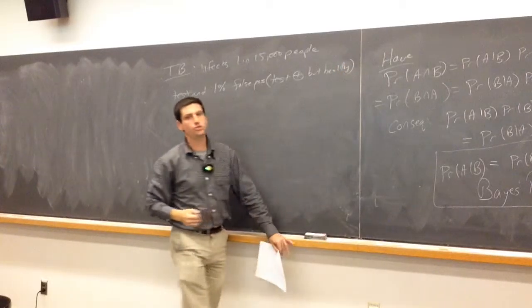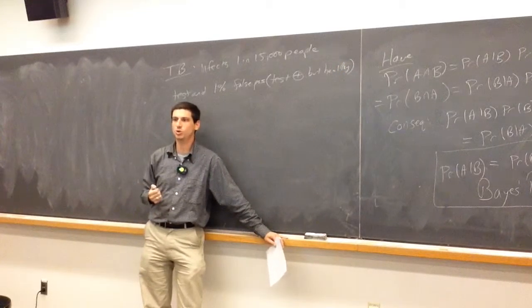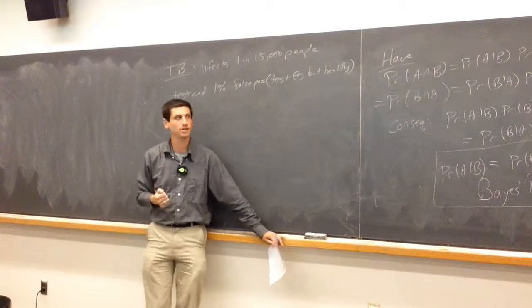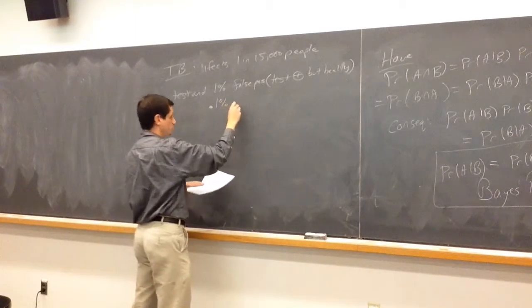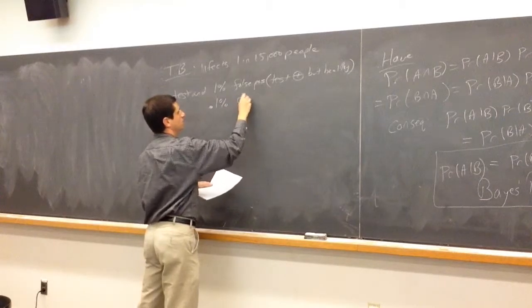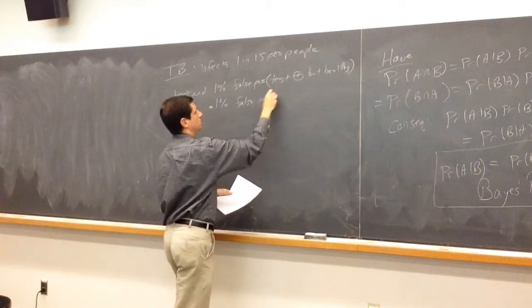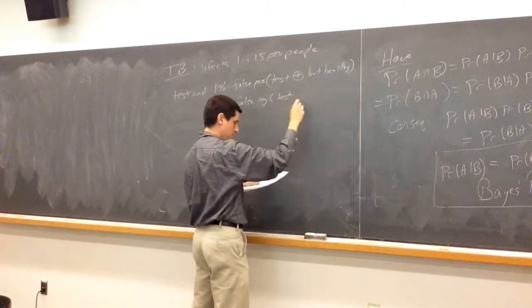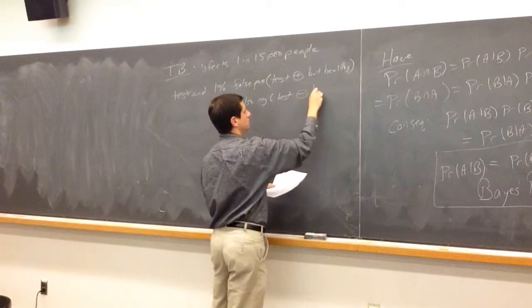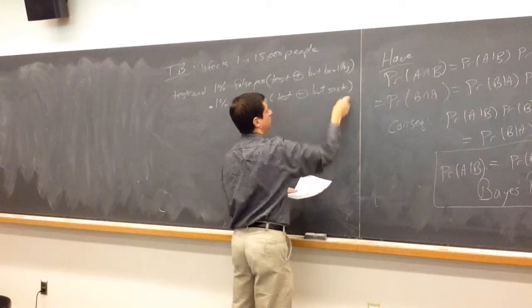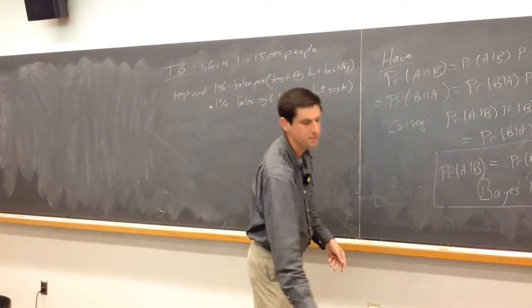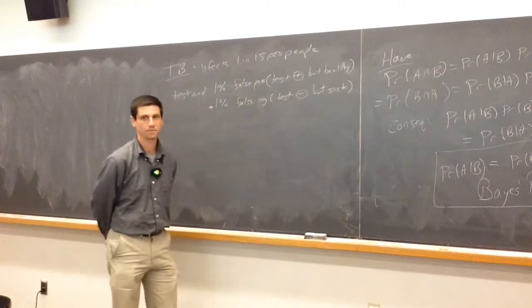So what this means is you do not have tuberculosis, but you are told you have tuberculosis. And then 0.1% of the time, you have a false negative. So you test negative, but you're sick. So again, positive means you have it, negative means you don't have it.